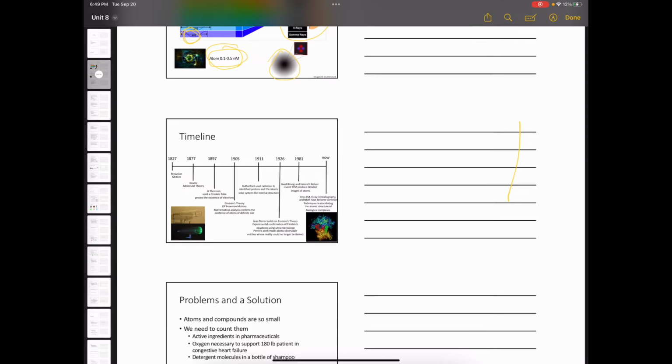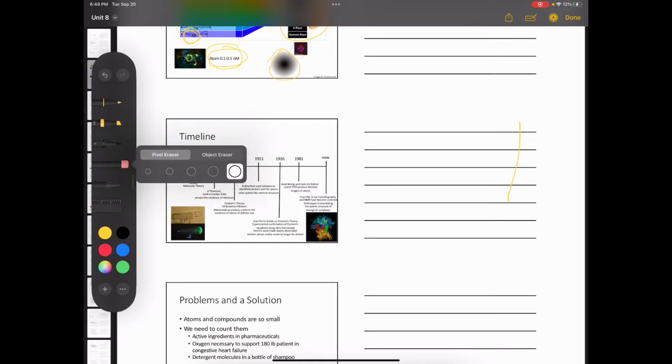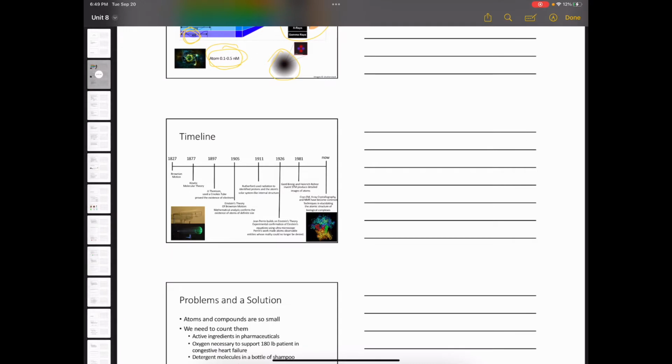Okay, and then in 1877 we have the kinetic molecular theory, which is something that we talked about extensively in, I'm going to say, Unit 2 and 3, which really talks about how all substances or materials consist of very small, tiny particles. These particles are in constant motion.